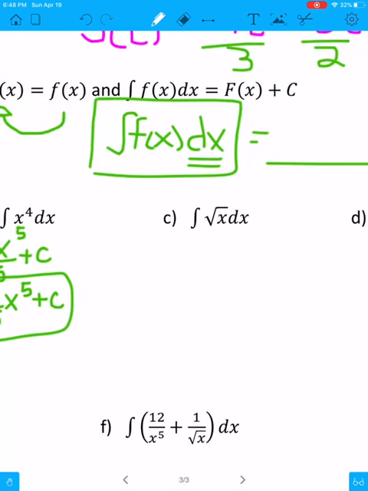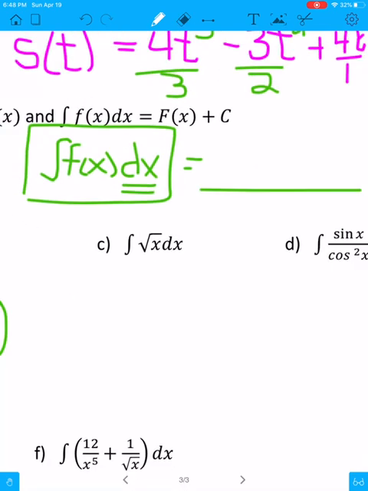Okay, whenever you have a square root, what did I tell you to do the whole year? Rewrite it to the half. So it's x to the half dx. So we're going to end up getting 1 x, raise a half, add 1 to it. So if I take a half plus 1, I get 3/2.